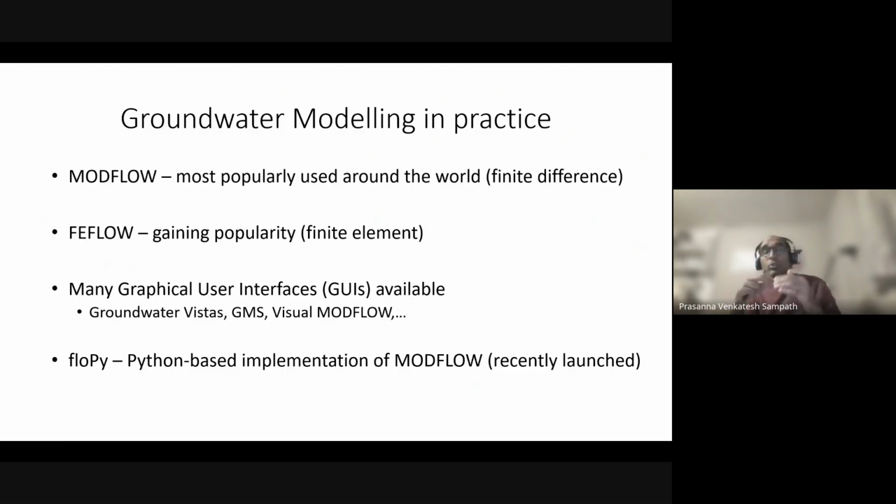If you want to try different combinations of parameter values, it becomes very easy if it's implemented through Python. In your code, you can just enter different values for different parameters and run it automatically, and then you can save the results automatically and compare, for example, how each parameter impacts the results.